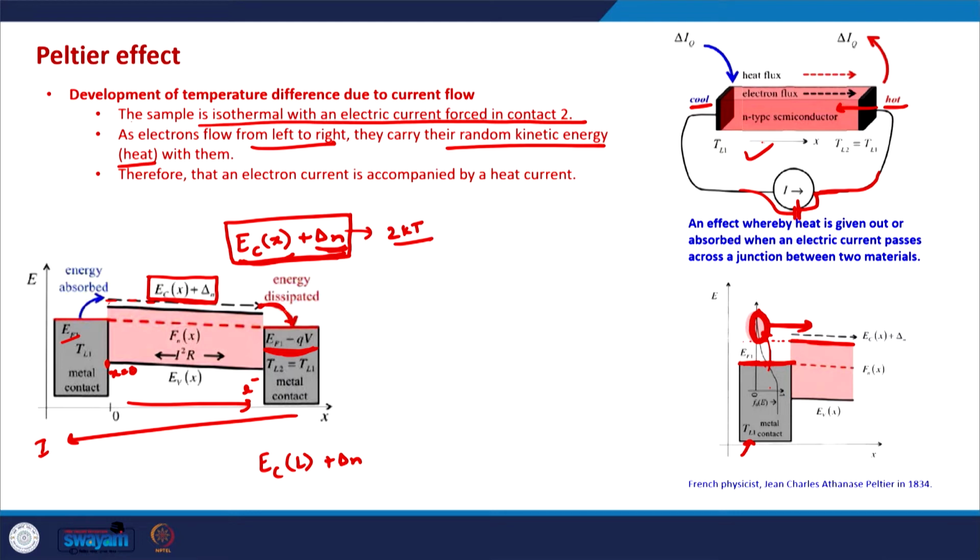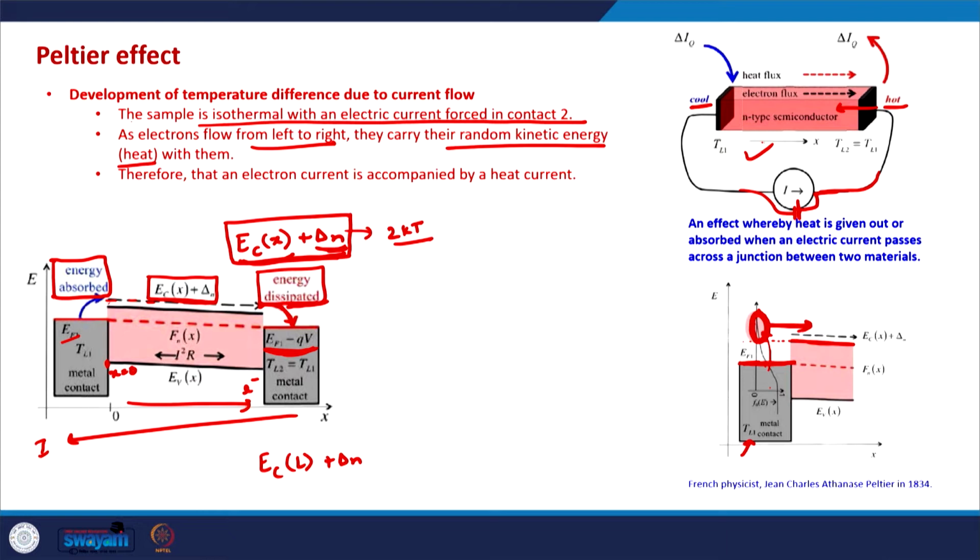These high energy electrons are given to the right contact at a lower Fermi level, and that way this excess heat is given to the right contact and energy is dissipated there. So, a net energy is absorbed on the left contact and a net energy is given to the right contact in this way, because this is like evaporation actually.